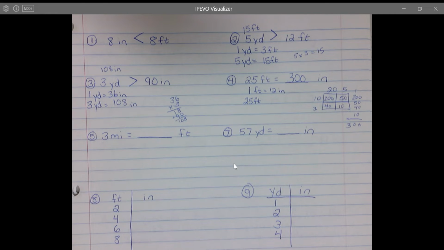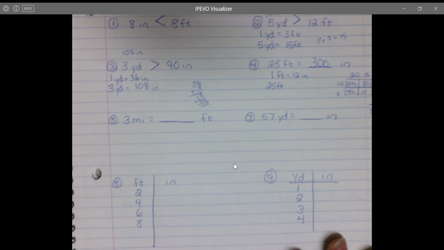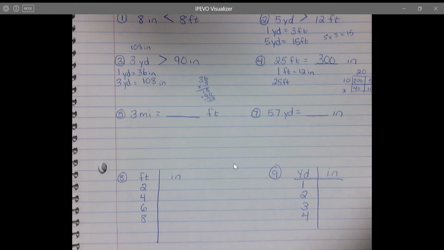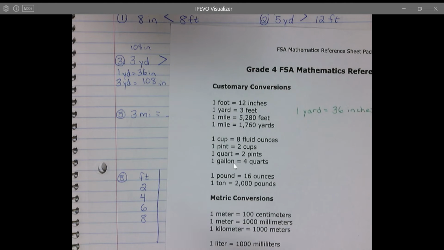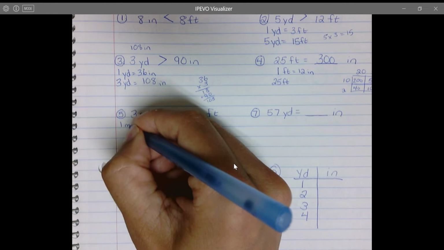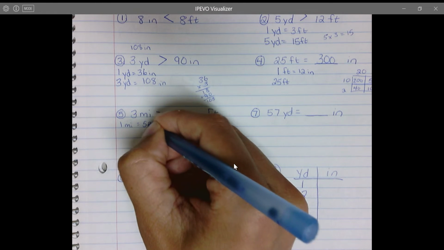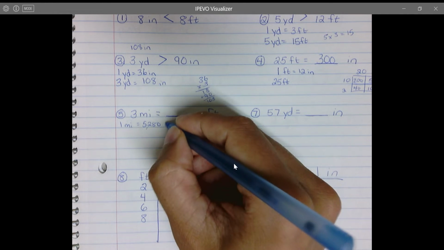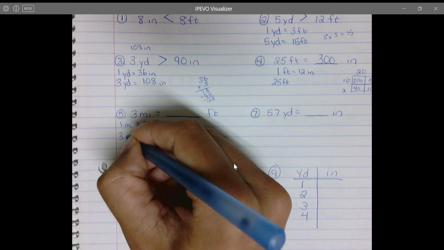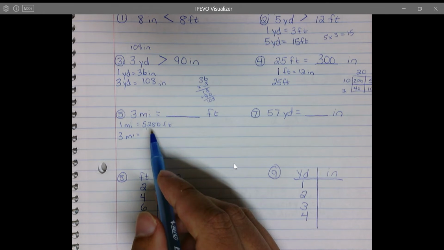All right, number 5, we have 3 miles is so many feet. Looking here, I get 1 mile is 5,280 feet. Since I'm trying to find 3 miles, I'd have to multiply 3 by 5,280.